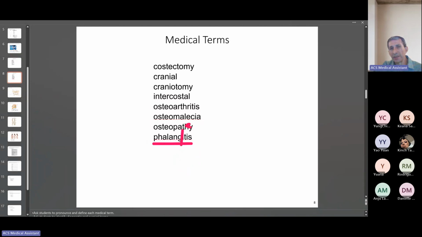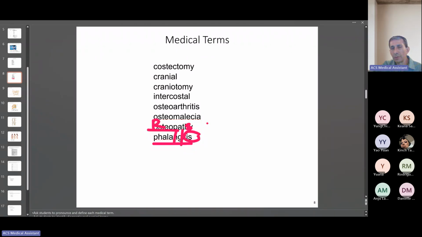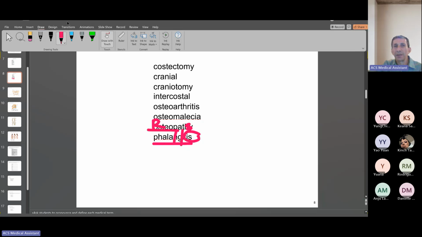Itis, the suffix. Phalange, remember these are the bones of the fingers. So usually we say fingers, but that's how it works, even though it is the bones of the fingers, the phalanges. Inflammation of the fingers, but usually it's inflammation of the bones that make up the fingers. So that's basically what it is. Okay, so phalanges or phalange is the root, and itis is the suffix.